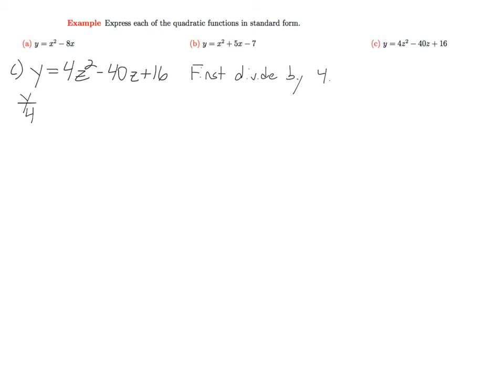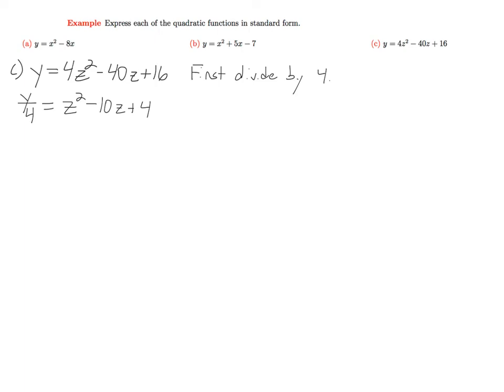That would give us y over 4 on the left side, and on the right side I would divide everything, each term, by 4. So that gives us z squared minus 10z plus 4. And now the right side is an expression just like we had in A and B, where we can use the same sort of form, recognition of a complete square to complete the square.